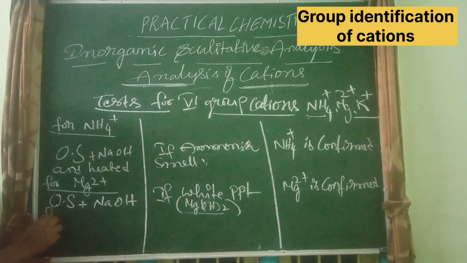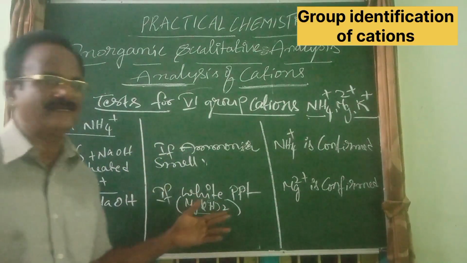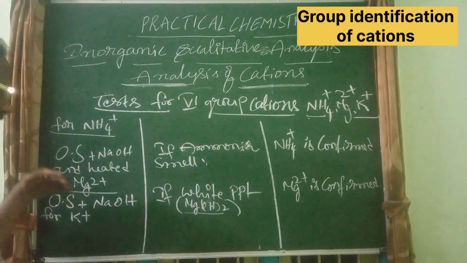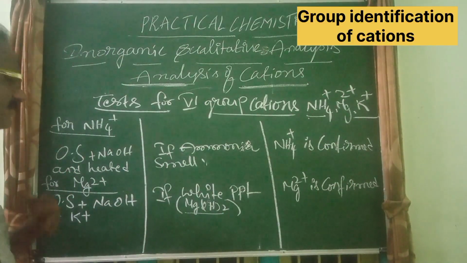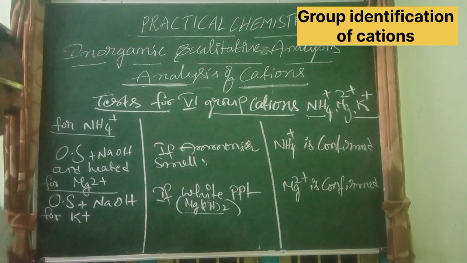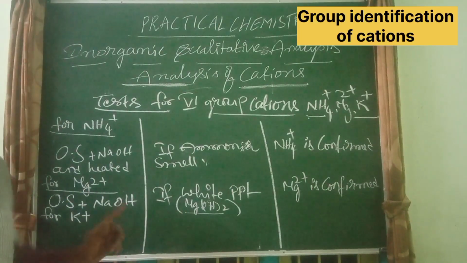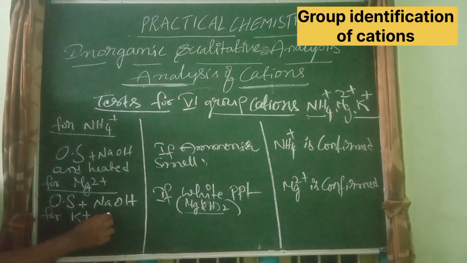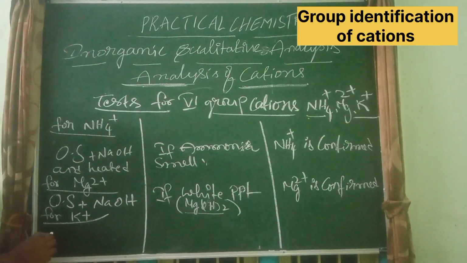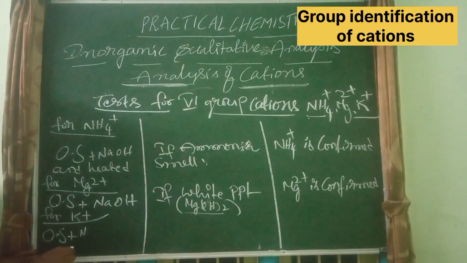For K plus, if ammonia is not there, then only you have to do for Mg2 plus. If Mg2 plus also is not there, then you proceed for K plus. Keep in mind. So here what you have to do, you have to add sodium tetraphenyl borate.